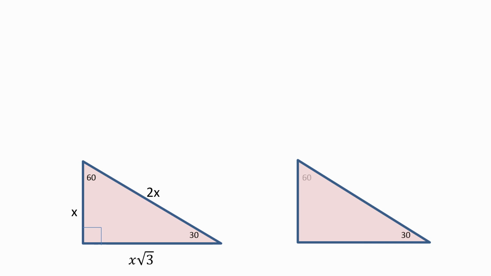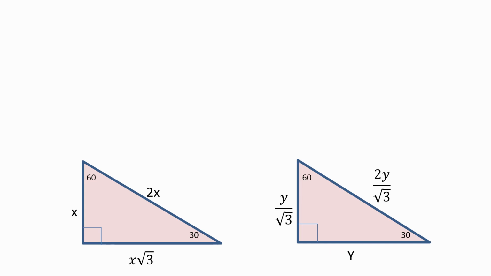Just like we had with the 45, 45, 90 triangle, if the long side is y, then the short side is y divided by the square root of 3. And then, of course, the hypotenuse is 2y divided by the square root of 3. It will be worth your while to memorize these relationships.